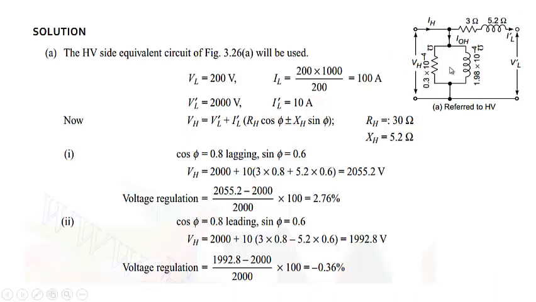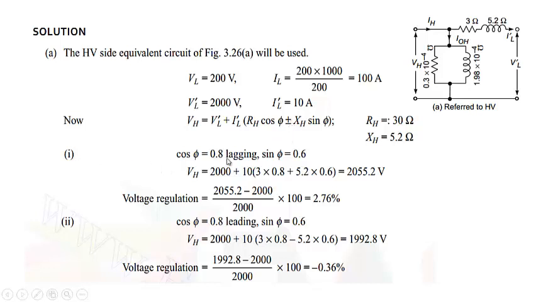So VH, that means this side voltage, will be equal to this voltage plus this voltage drop, which we have already calculated earlier. So it will be equal to VL dash plus IL dash into (RH cos theta plus or minus XH sin theta). We use plus for lagging power factor in the first case, and minus for leading power factor in the second case.